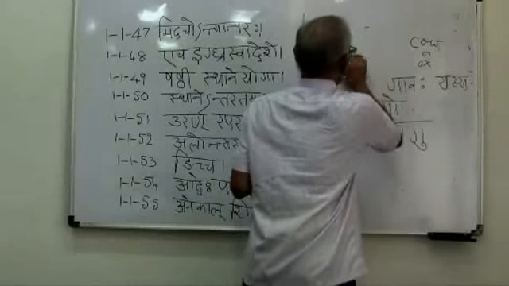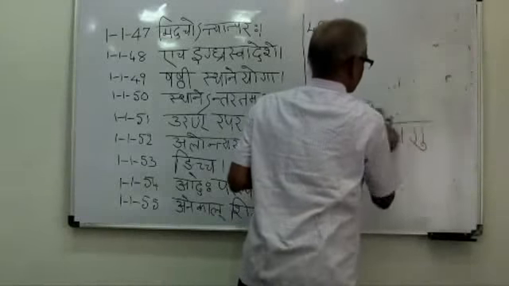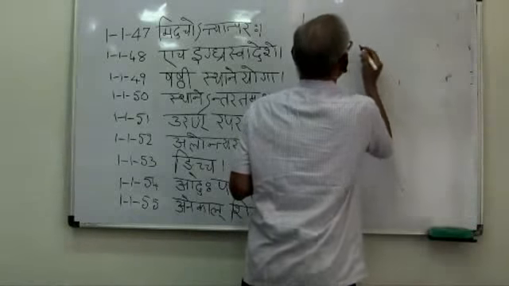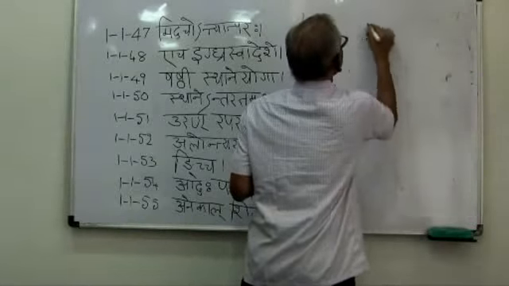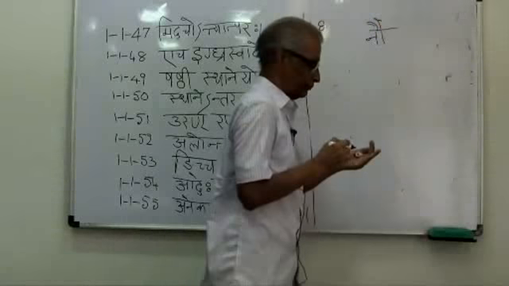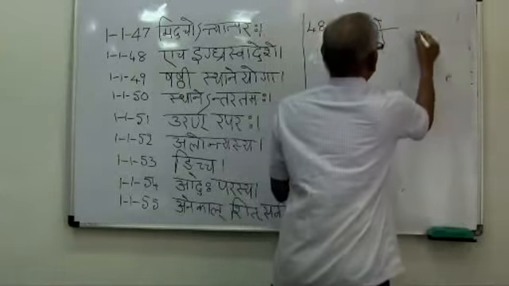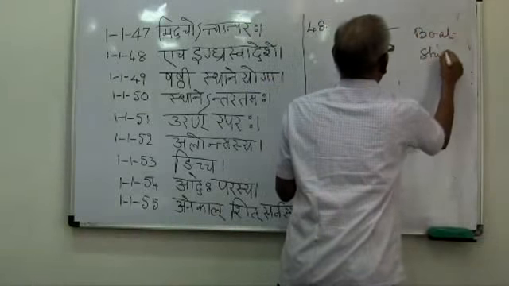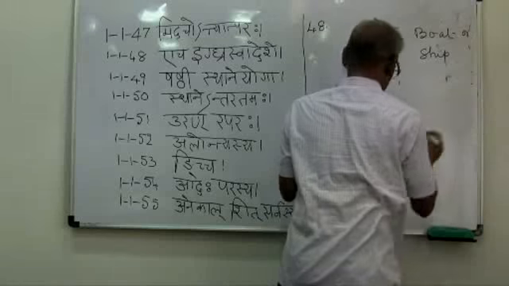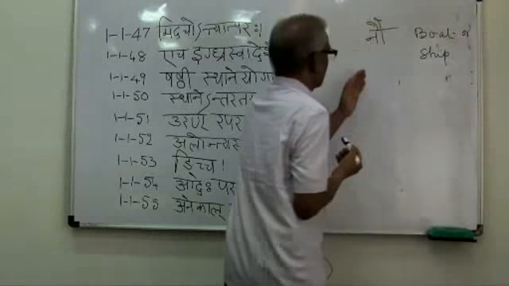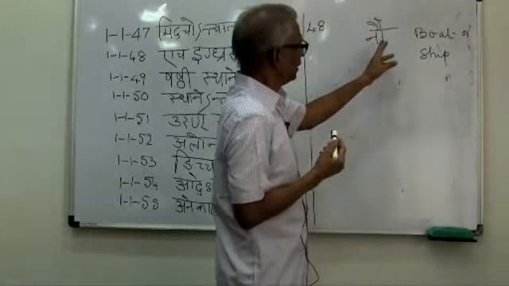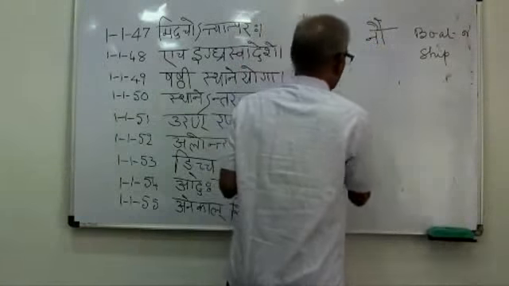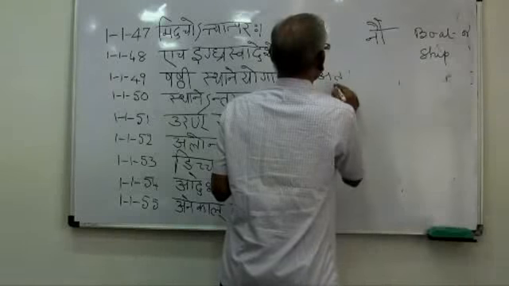And we will take another example. Aukarantaha. Nau is an aukaranta shabda. Nau means boat, ship, a small ship. We will prepare a samasa with nau as the ending. Atikrantam as before.